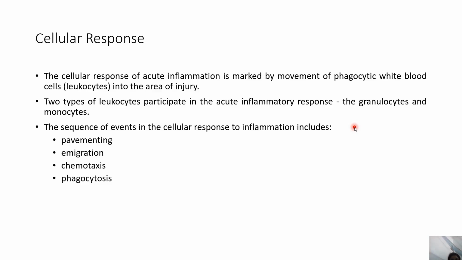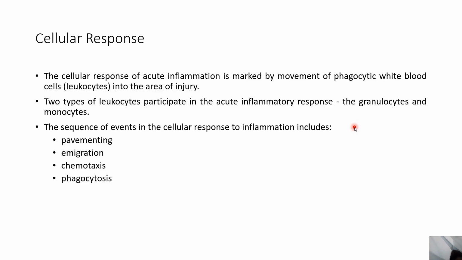The sequence of events in the cellular response to the inflammation includes these four steps: pavementing, emigration, chemotaxis, and phagocytosis.